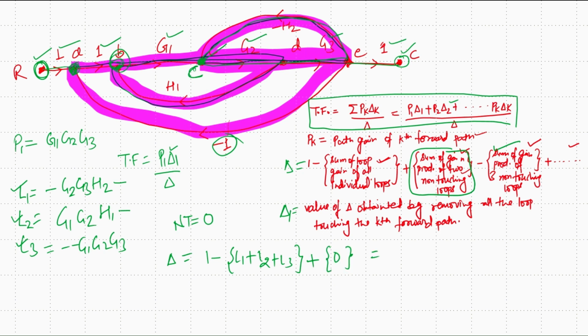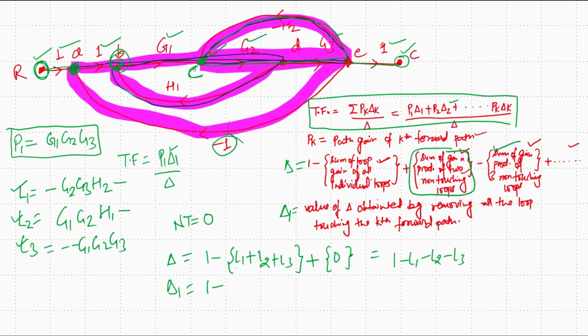So this will be 1 minus L1 minus L2 minus L3. Now, delta 1 is the value of delta with all loops touching the kth forward path removed. We are talking about forward path P1, and all these loops are connected to, or touching, the forward path P1.